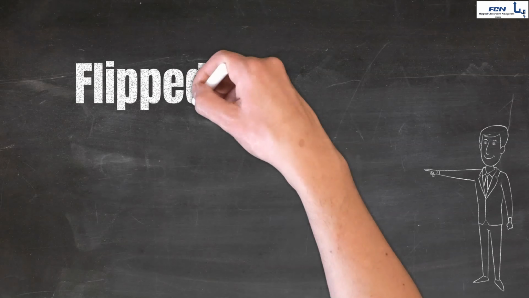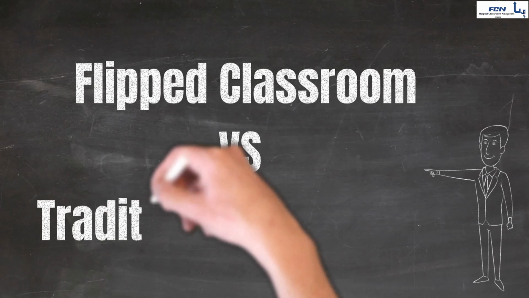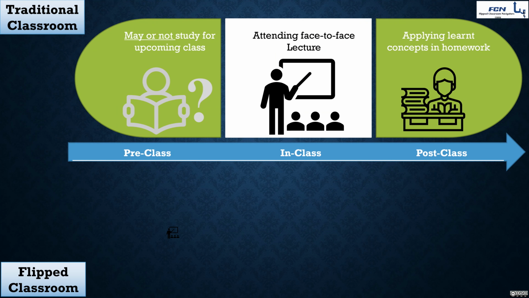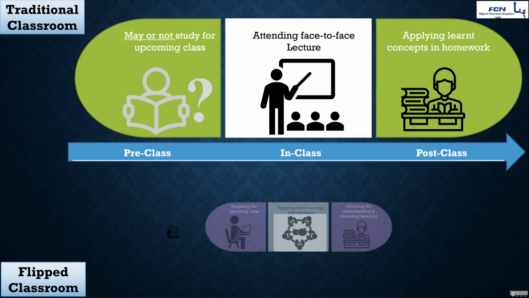I'm sure you can now differentiate the flipped classroom from the traditional classroom. In a traditional classroom, students come to the face-to-face classroom, which is the first instance they are exposed to the new knowledge. Teachers can give home tasks to students. Then they can apply the learned knowledge in their own environment with minimal support.